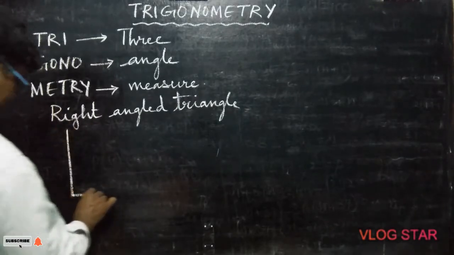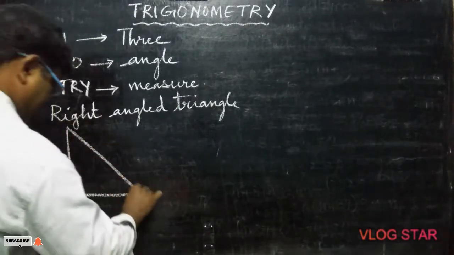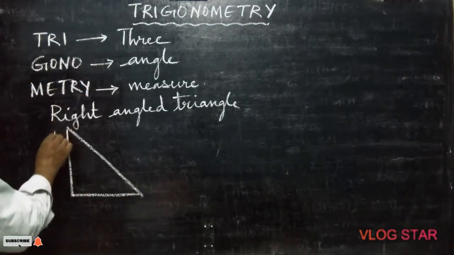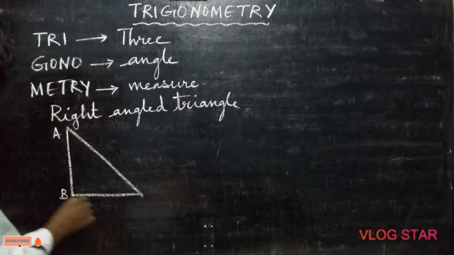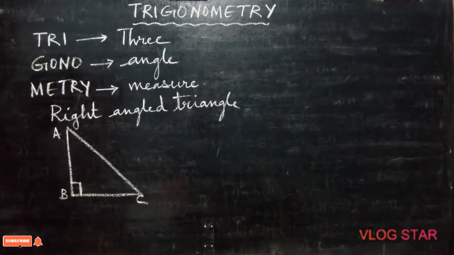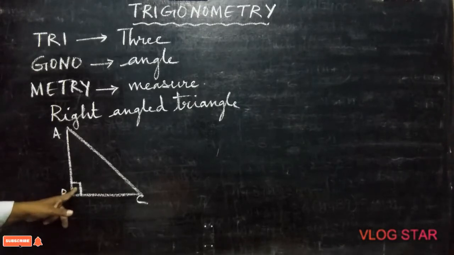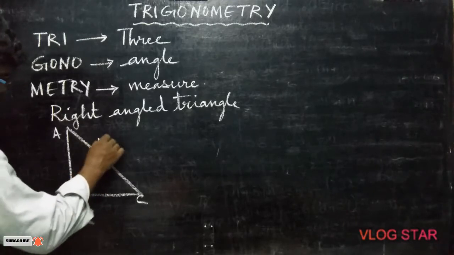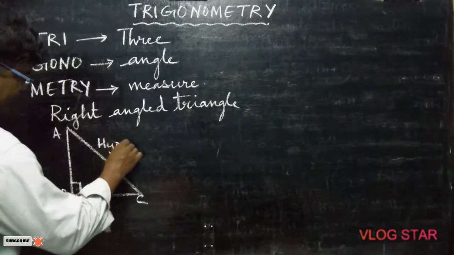Right angle triangle, I need not explain, you came to class 10th. Suppose ABC is a right angle triangle. Right angle means out of 3 angles, one angle will be 90 degrees, and the side opposite the 90 degrees we call the hypotenuse.